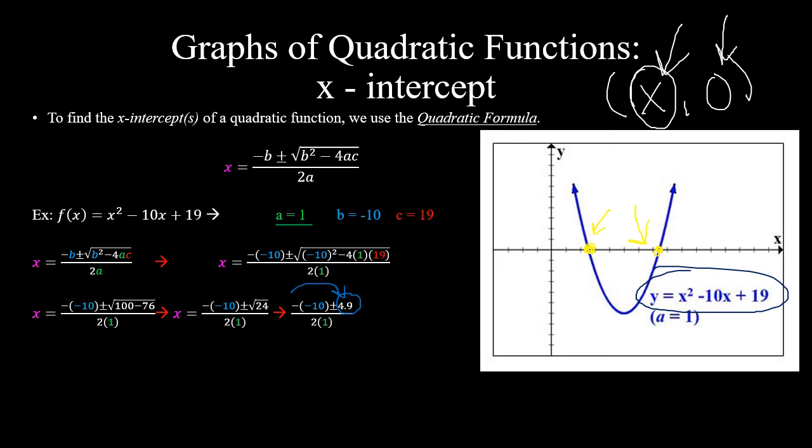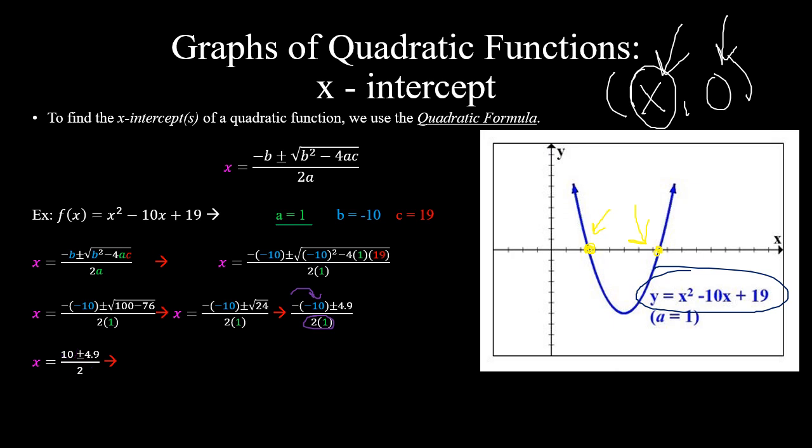Now that I've dealt with that large grouping, I can now move on to deal with the other stuff, the easier stuff. So I see that a negative 10 is going to just leave me with positive 10, and 2 times 1 is, of course, 2. So that's where this next step is coming in.